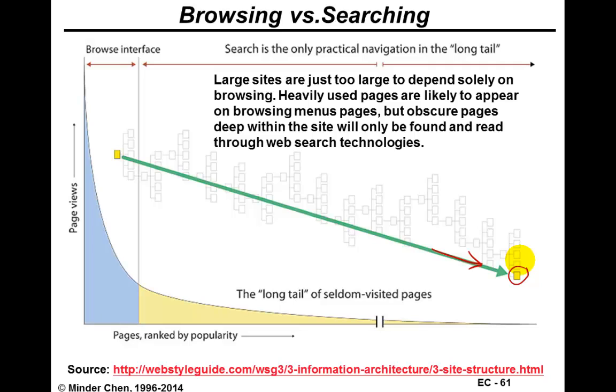That's just not possible. So in order to help the user reach those long tail of seldom visited pages, we do need to provide a search function. Browsing is important, and we emphasize the importance of the navigation structure, the navigation map. But search is the only practical navigation in the long tail of those seldom visited pages.